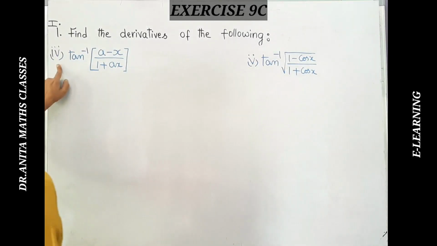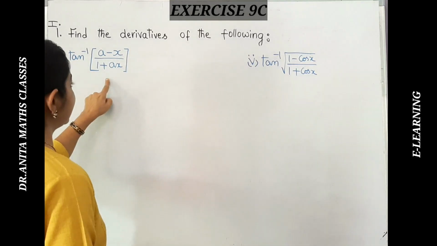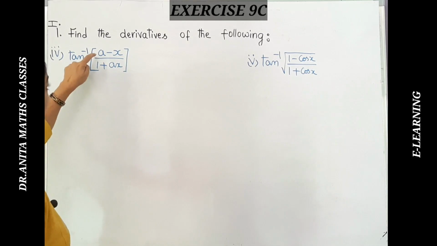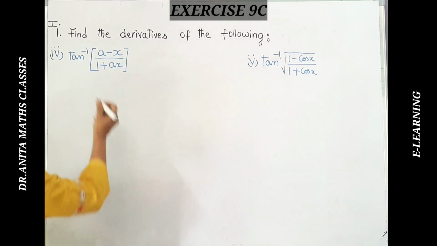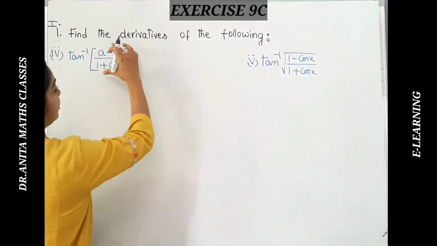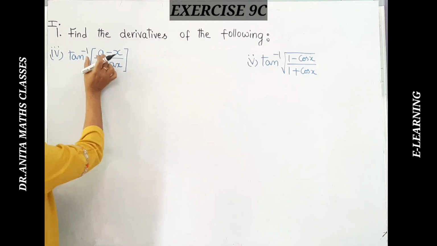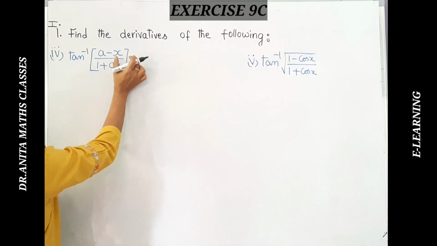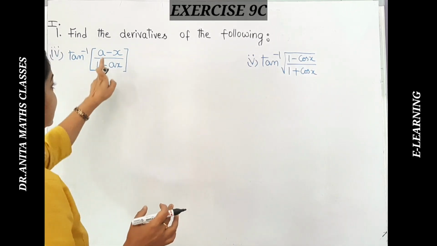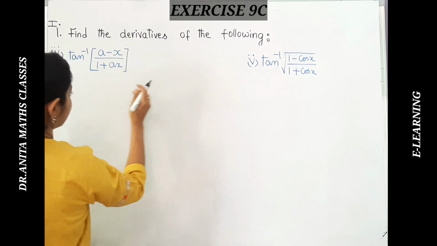Moving on to the fourth one, tan inverse of (a minus x) by (1 plus ax). If you see, in the previous 3 problems we had only one variable x. Here we also have a. So we will suppose a as one thing and x as another. This is in the form of (tan alpha minus tan beta) by (1 plus tan alpha tan beta), which is nothing but tan of (alpha minus beta).